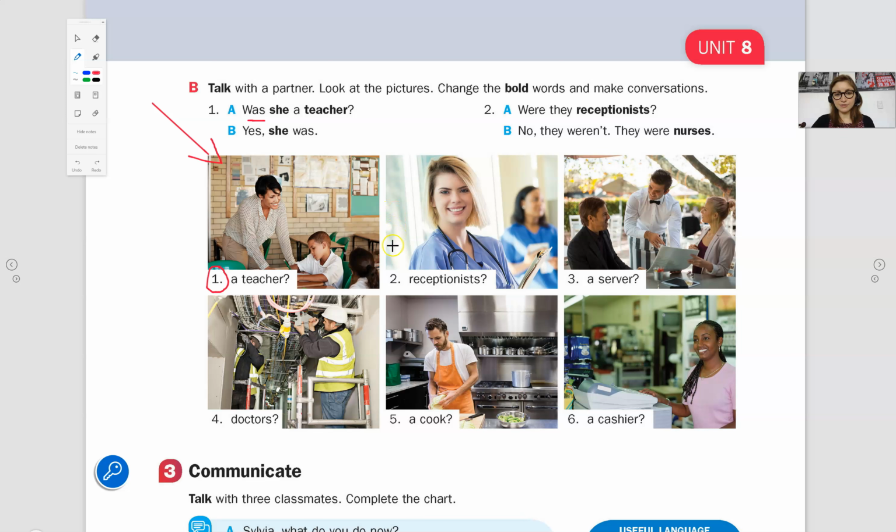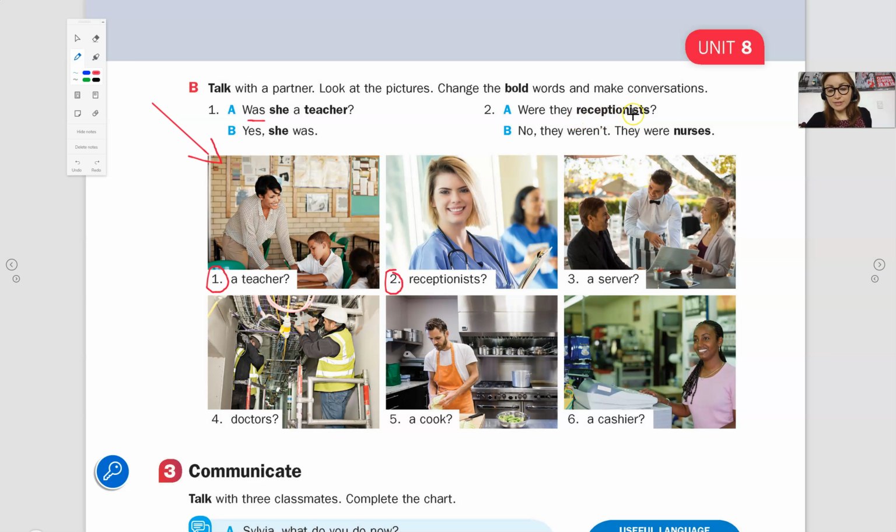Okay, number 2, we look over here. We see this woman, and she's wearing the blue scrubs. Remember that word? Scrubs is the uniform if you work in a doctor's office. So the question, because there's two ladies here, were they receptionists?